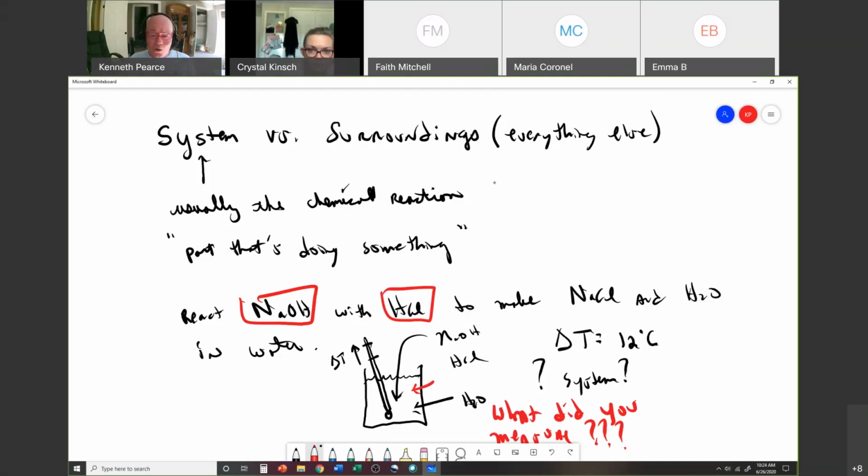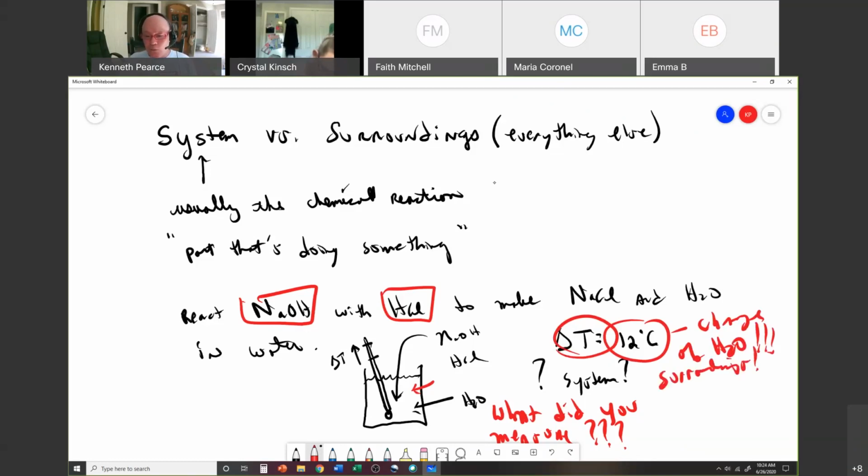The water is there so you have something to hold the reactions as they're taking place, but it's not the system. The system is the reaction. Water is the surroundings. So when we measured the change in temperature here of 12 degrees Celsius, that was a change of the water, which was the surroundings.